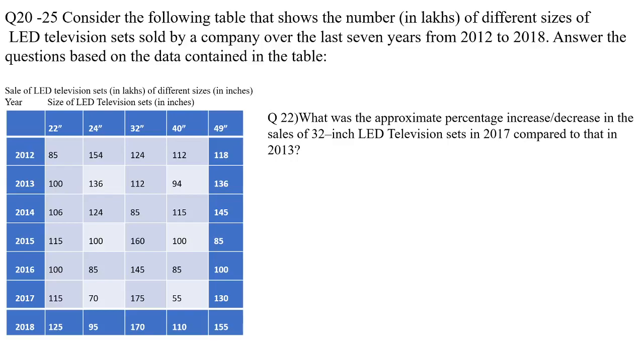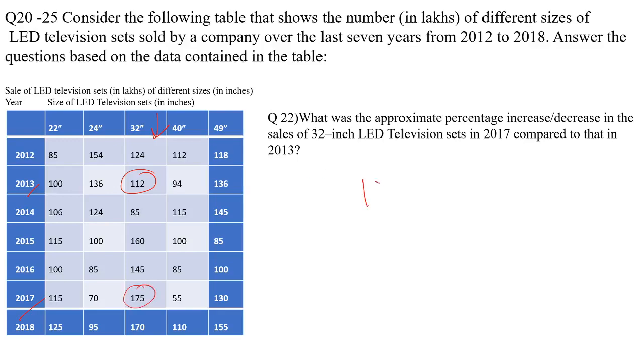Next comes question number 22. What was the approximate percentage increase or decrease in the sales of 32 inches LED television in 2017 compared to 2013? So for the 32 inches television in 2017 and 2013, we have to see this value. 2017 is the 175 value.